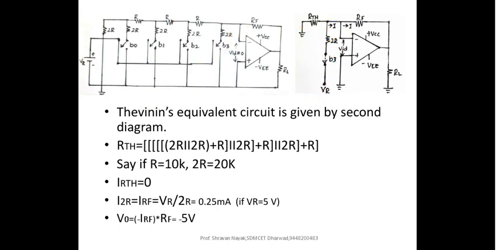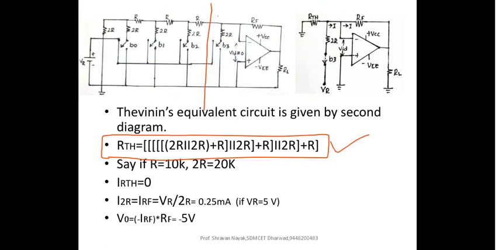Now if you look at the Thevenin's equivalent circuit, this is going to be the Thevenin's equivalent resistance. If you look beyond this particular point, though it appears a little lengthy, it is very simple. You can see here this 2R and this 2R are in parallel, that is in series with this R, that is again in parallel with this 2R, then that is again in series with this R, that is again in parallel with this 2R, then finally that is in series with the last R here.